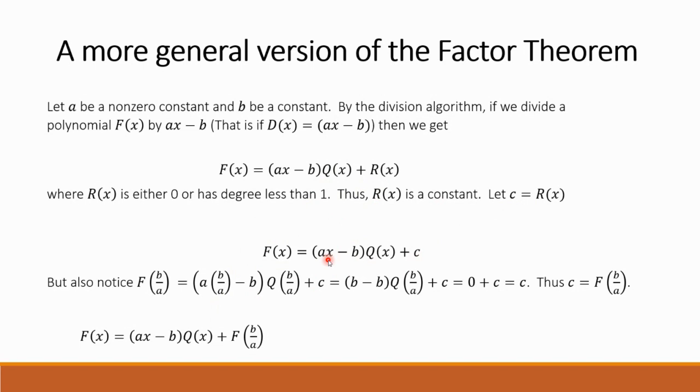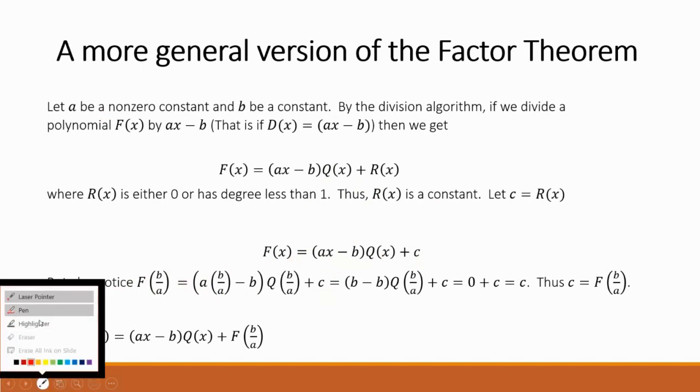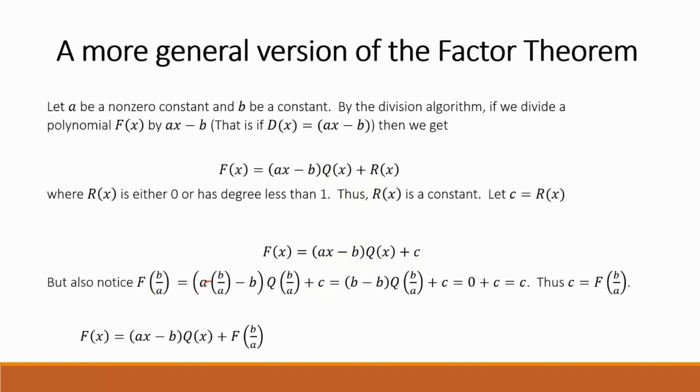Well, notice that if I replace x by b over a, remember, a is not 0, so this is okay to do. When I plug it in to both sides, we'll get this. And hopefully you can see that the a's cancel. You'll be left with b minus b times capital Q at b over a plus c.